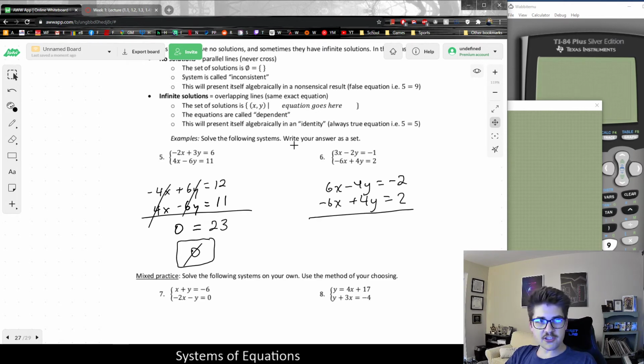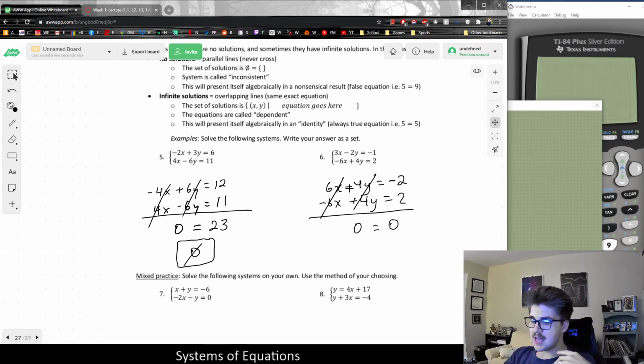Now it's ready for elimination, so we add those together. 6x minus 6x, 0; -4y plus 4y, 0; -2 plus 2, also 0. So what we'll be left with is 0 is equal to 0. Like in chapter 1, this is always indicative of infinite solutions. Because this is an identity, it's basically always true. What it's implying is that these equations originally were also always true.